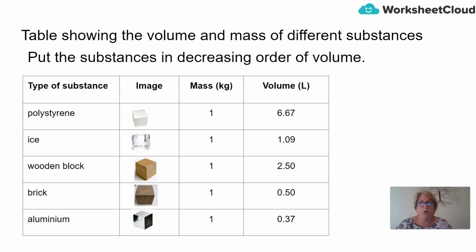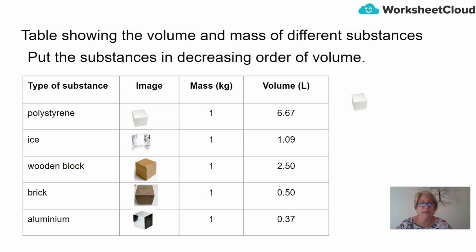So now what I want you to do is, can you put these substances in decreasing order of volume? So we're going to start off with the block that takes up the most space, which means which block has the biggest volume.